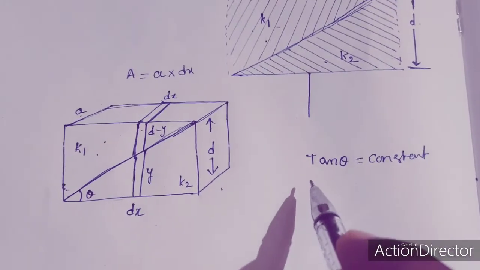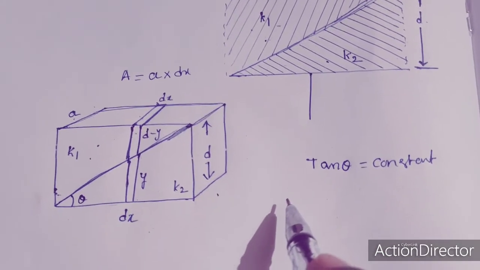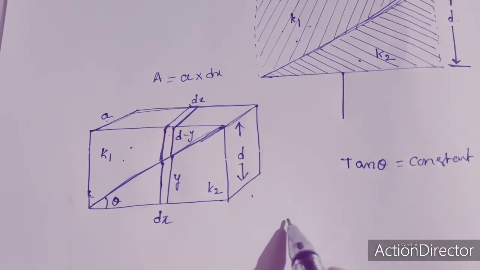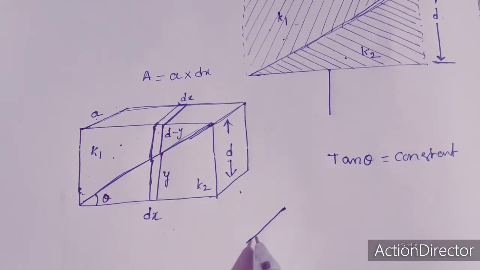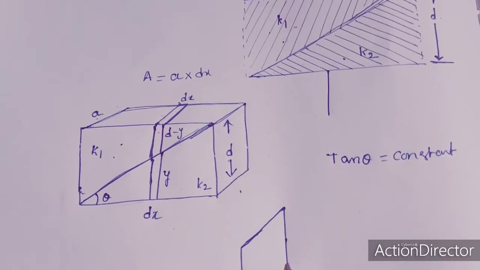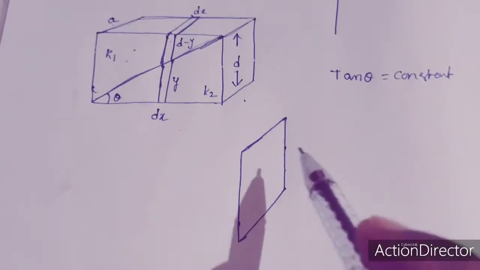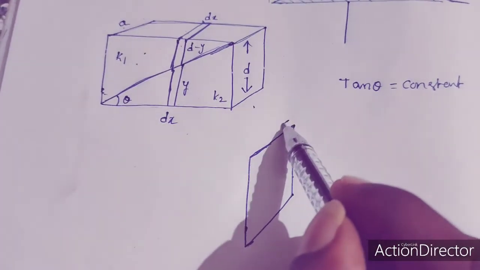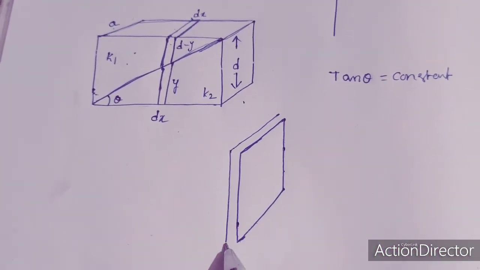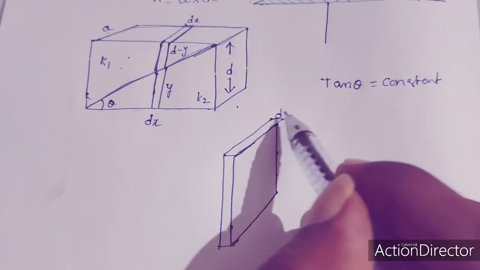Next we have to identify the remaining points. We have to imagine that small dielectric plate with a separate diagram. Here the thickness of this plate is dx.